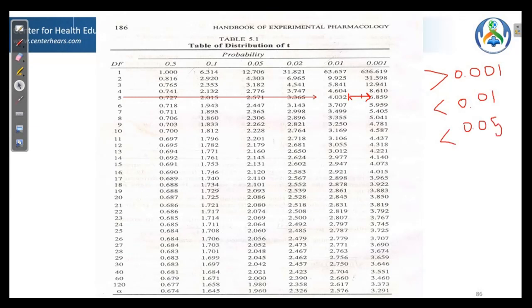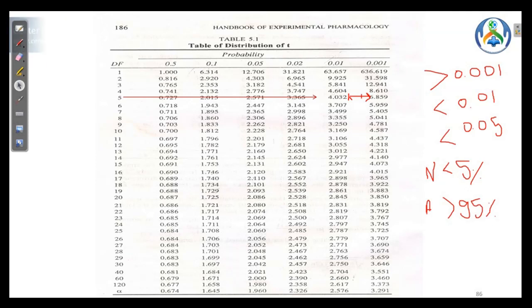That means the occurrence of the null hypothesis is less than 5%. That means the chances of occurrence of the alternate hypothesis are more than 95%. So with a confidence interval of 95%, we can say that we can accept here the alternate hypothesis.